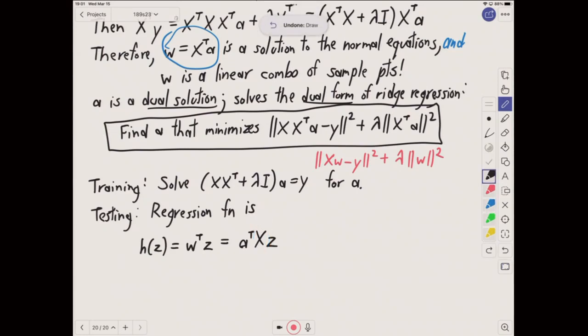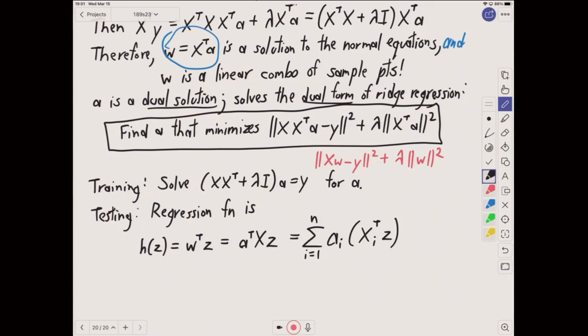But there's a trick here. We can express this little product of vectors and matrices as the following summation. So this summation has one term for each training point, xi.